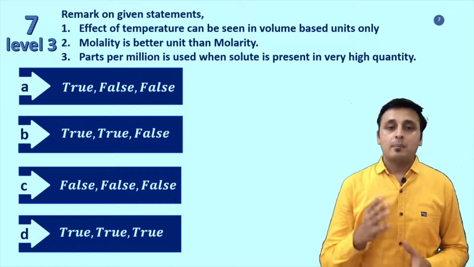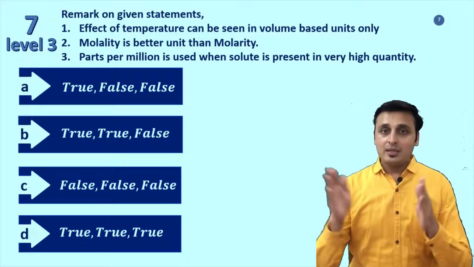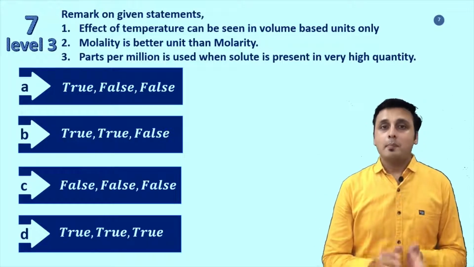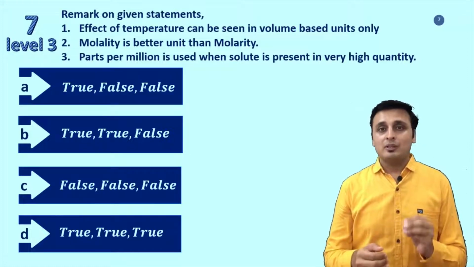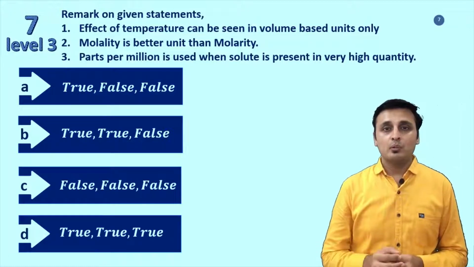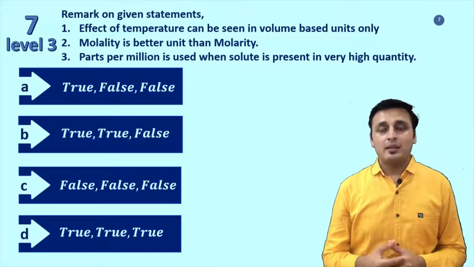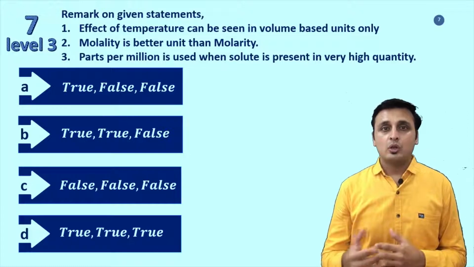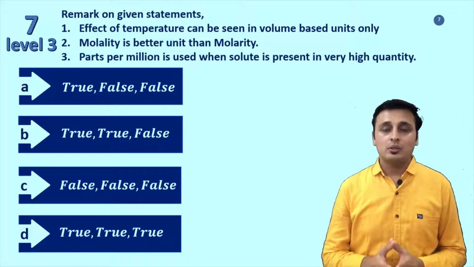Third statement, parts per million is used when solute is present in very high quantity. No. Parts per million is a kind of unit which is used to determine when solute is present in very small quantity, which is not easily measurable. So it is applied in RO water solute determination, that is called as TDS, total dissolved solute.